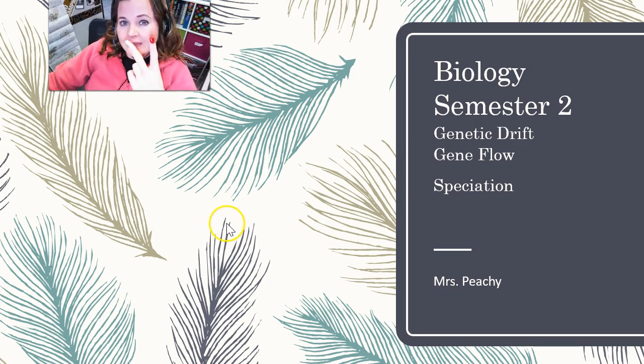So anything that helps you to survive and reproduce is something that is making you more fit, according to the theory of evolution by natural selection. So we have to think about that when we think about characteristics.